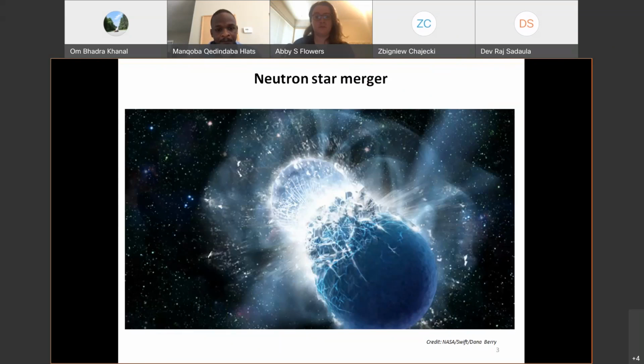Okay, so in this picture I'm showing a neutron star merger, and this is an interesting picture because, if you haven't forgotten, recently the physics Nobel Prize was given for the detection of gravitational waves, and that gravitational wave was emitted from such an event, like the event of a neutron star merger. So now we are going to neutron stars.